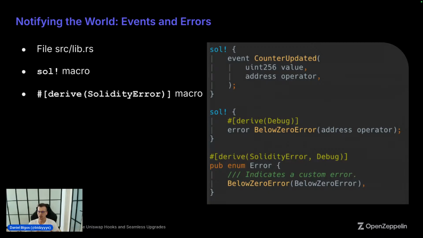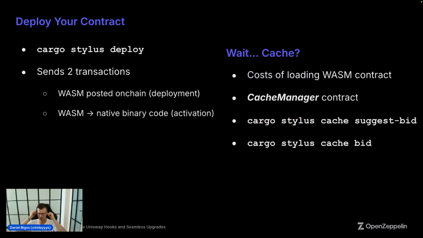We need to define an error enum that contains all of the possible errors that we defined in the sol macro. Thanks to the Solidity error macro, we have a very nice binding between Solidity defined errors and our Rust error enum. So we have implemented our very first contract.